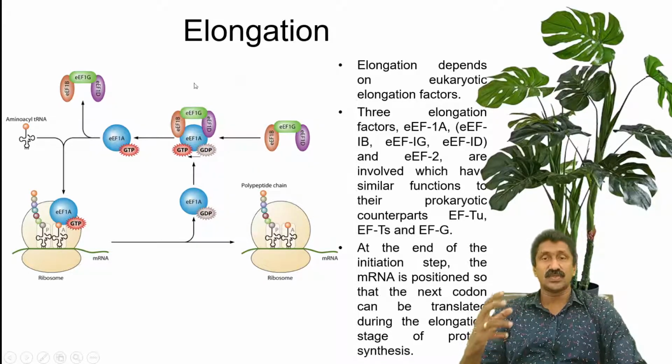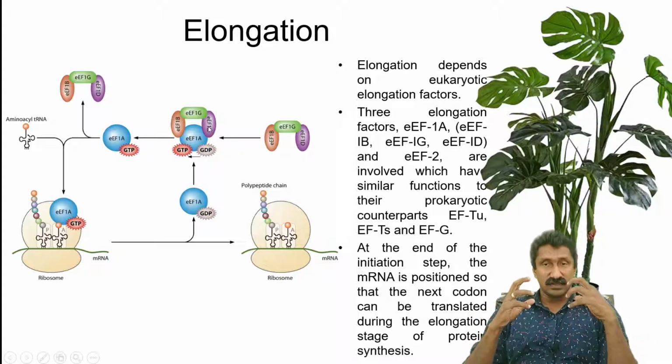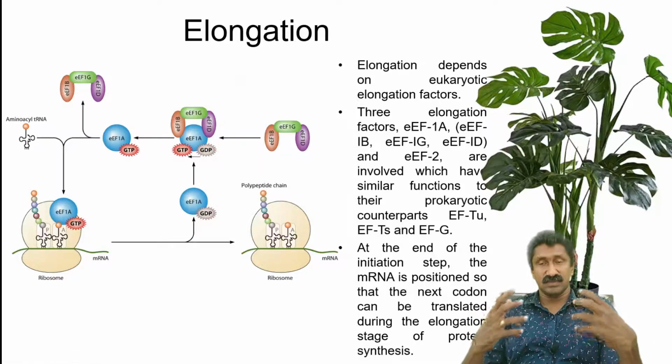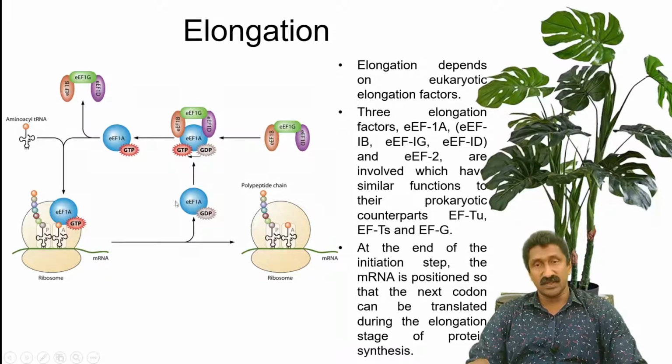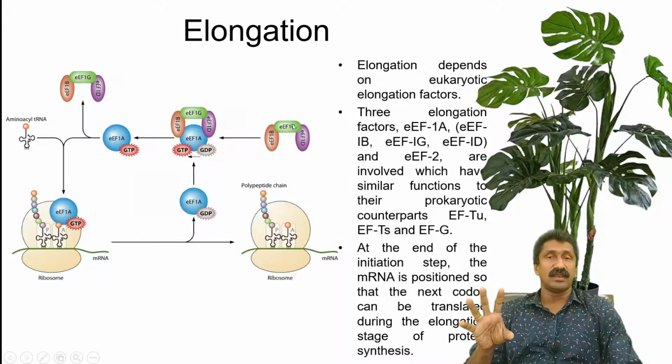Elongation factor TS does the same role of charging the elongation factor GDP complex with another phosphate to form the GTP complex. So the TS equivalent, which converts the GDP complex into the GTP complex, is this one, the elongation factor 1B, 1G and 1D complex.